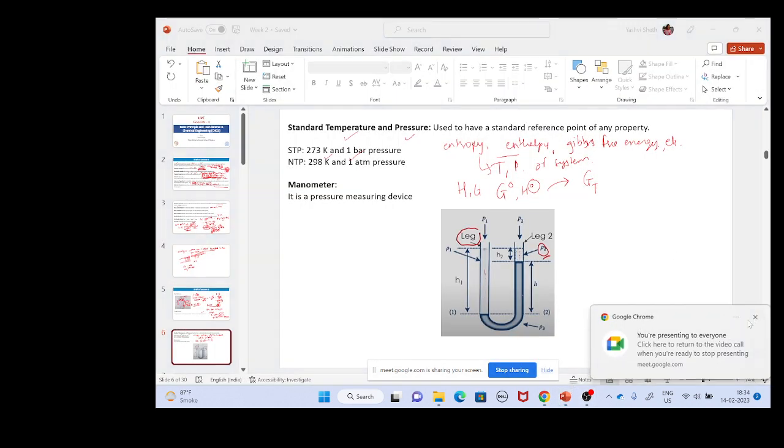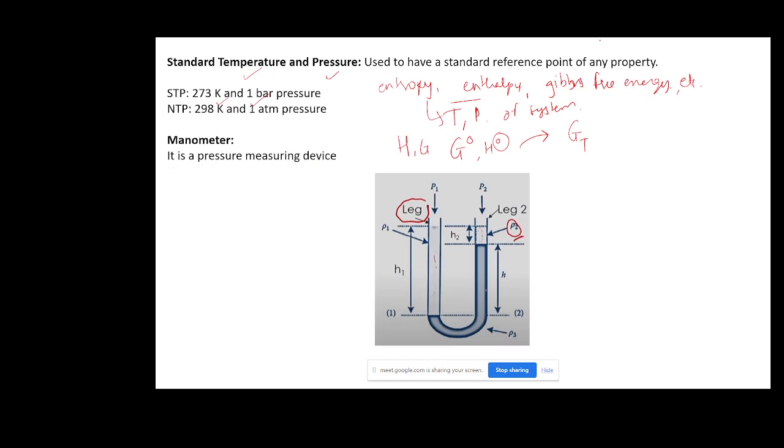We will be able to relate this G at any random temperature T with respect to G naught, because we will have G as a function of the standard value and a temperature term T, so that we can find out the value at any temperature T.